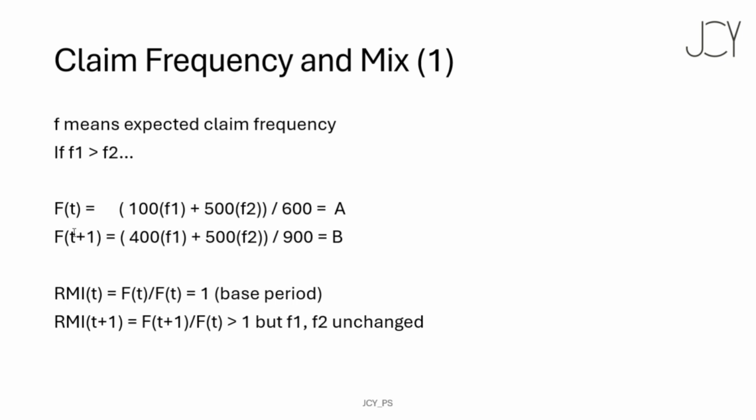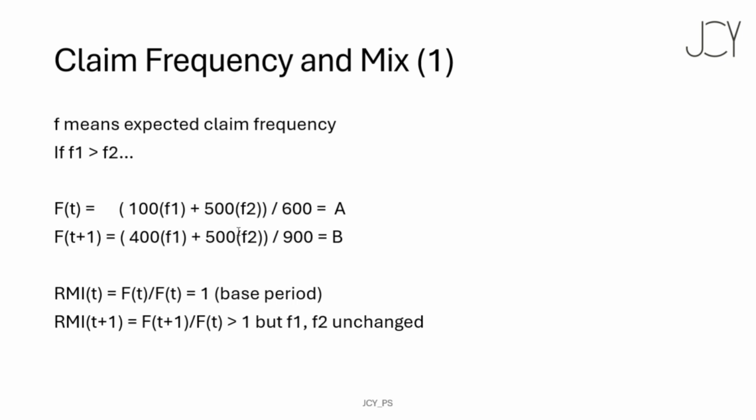If we go down further in time, so t plus 1, again, we still have the expected claim frequency of risk 1 and 2. But what's different here is, say, a year down the line, we actually write 4 times as many of risk 1 than we did in the year before.